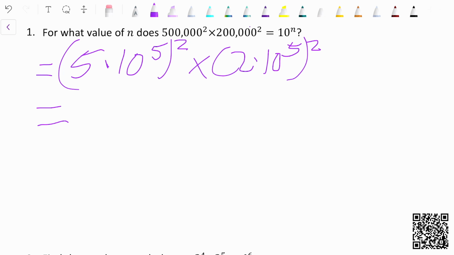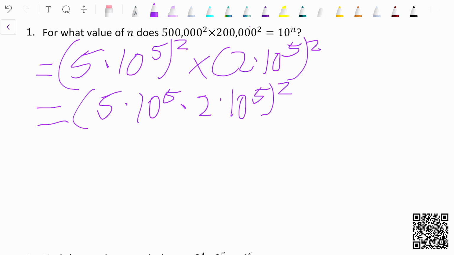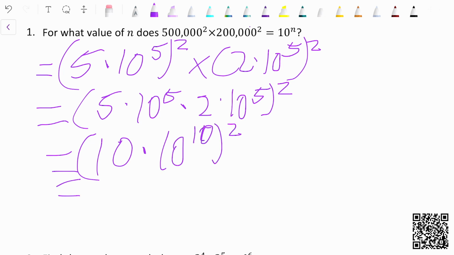So then we can combine these two and pull out the square, and you would get 5 times 10 to the power of 5 times 2 times 10 to the power of 5, squared, where we would again get 5 times 2, which is 10, times 10 to the power of 10, which you would get 10 to the power of 11, because there's another power of 2.